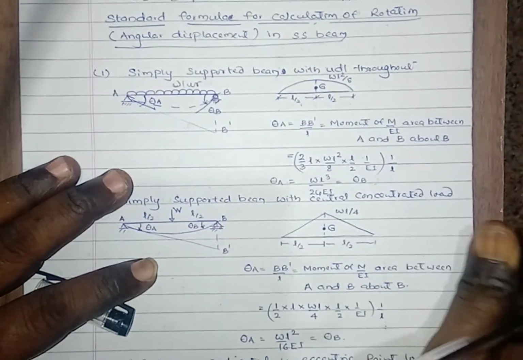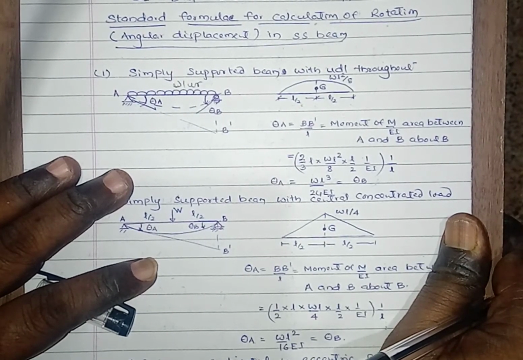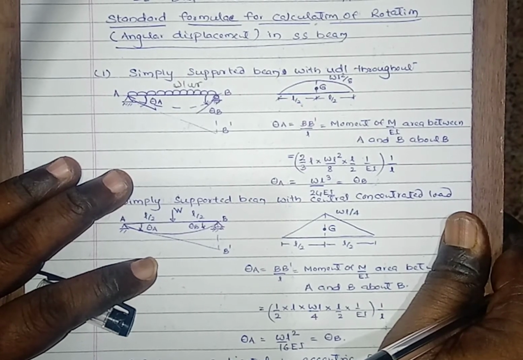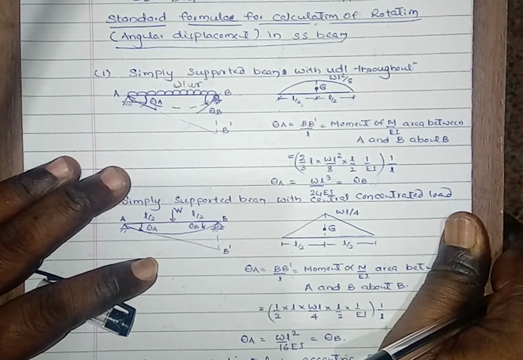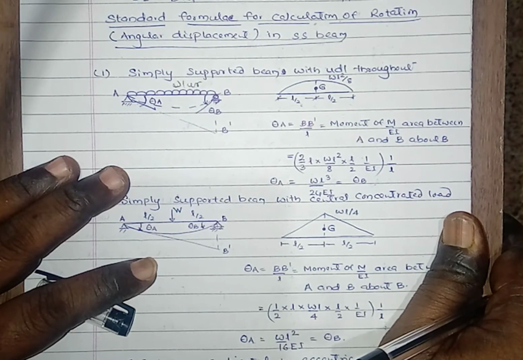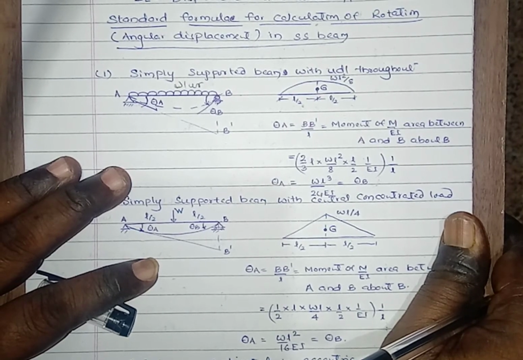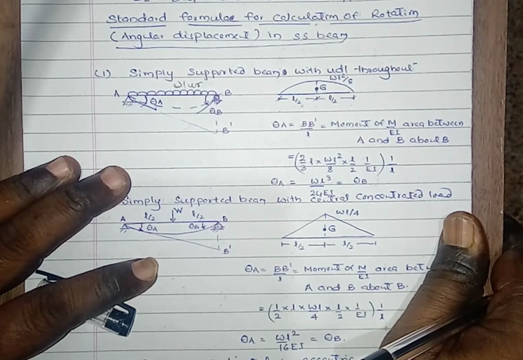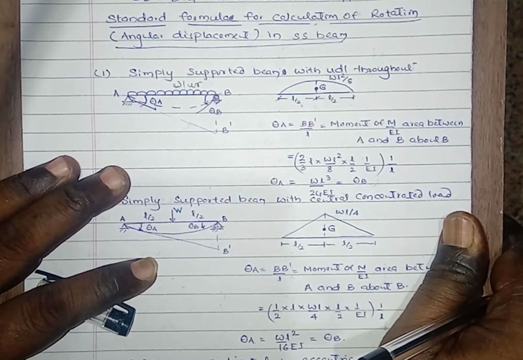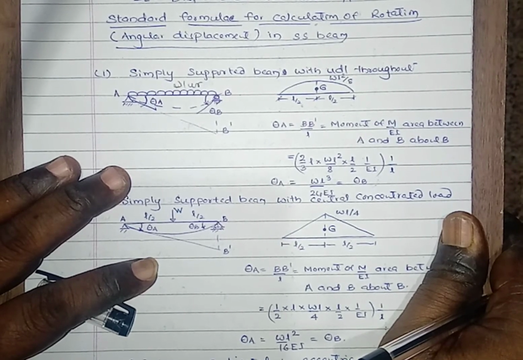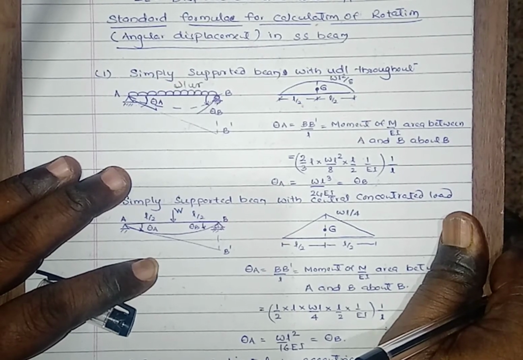Theta A equals BB dash by L, that is the moment of the M by EI area between A and B about B, that equals 2/3 of L into WL square by 8, that is the area, and the centroidal distance is L by 2 into 1 over EI, that is BB dash divided by L. Then theta A equals WL cube divided by 24 EI, that equals theta B because of the symmetry.